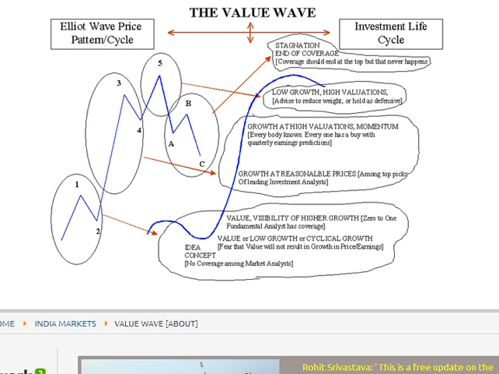But you need to study these factors in combination to really know where the stock is as part of the overall long-term structure.